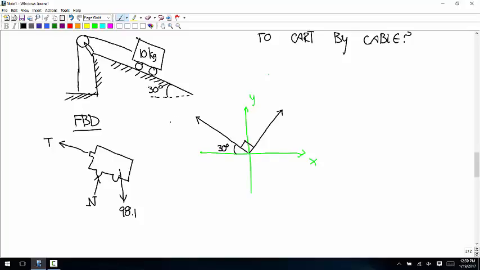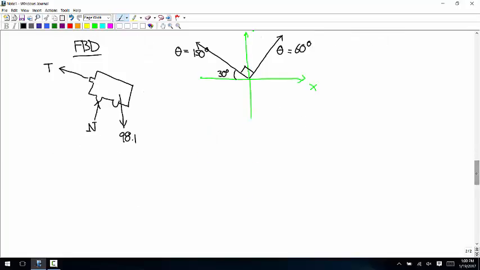So theta is equal to 150 degrees. Now for this one, we're at 150. Backtrack, clockwise 90, so 150 minus 90 is 60. So theta for this one is 60 degrees. Any question about those vectors?